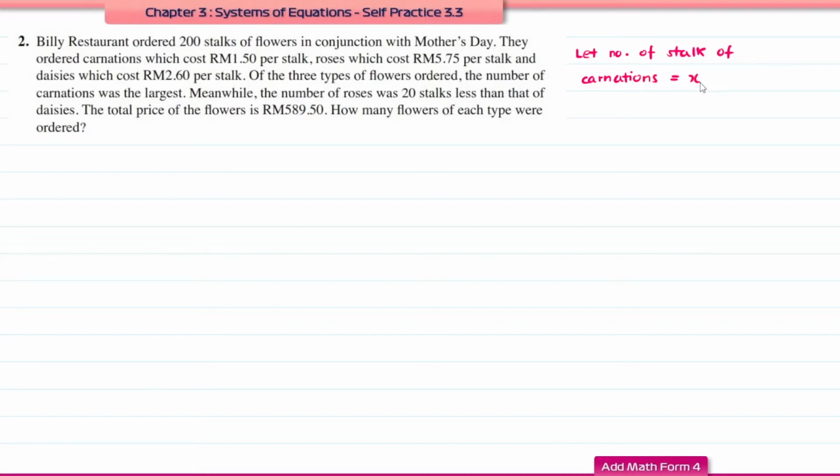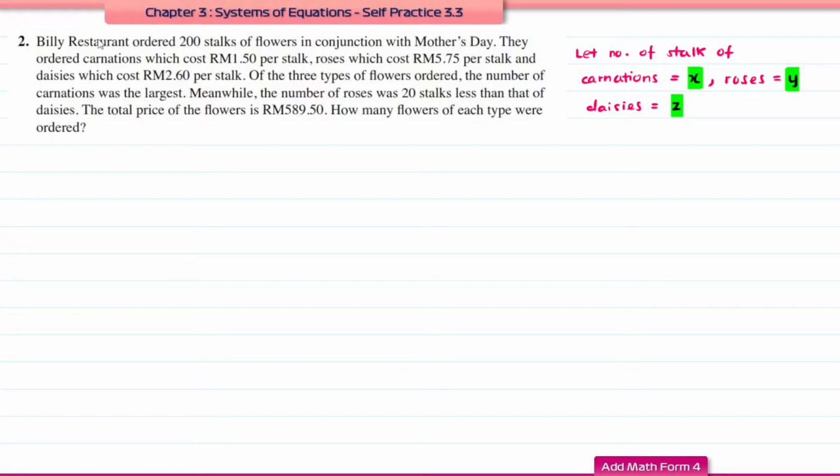The number of stalks of the carnation, let us label it as X. The number of stalks for roses, let us label it as Y. And the number of stalks for daisy, we're going to label it as Z. So we're going to use the letters X, Y, Z here to represent the flowers.